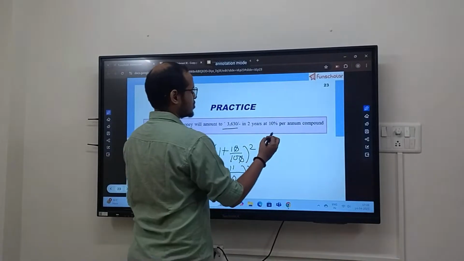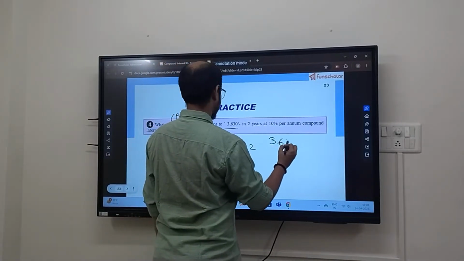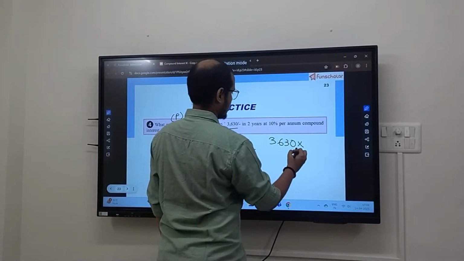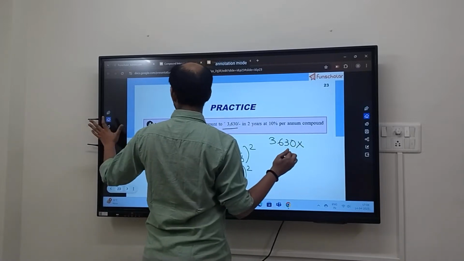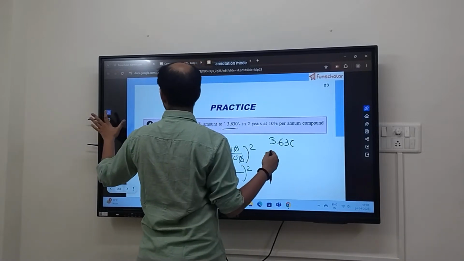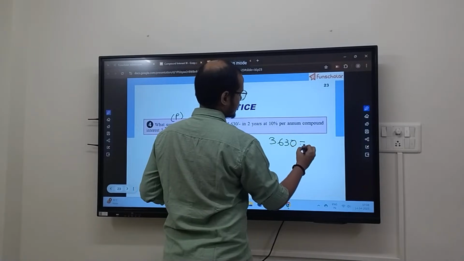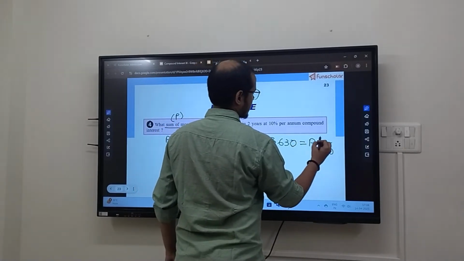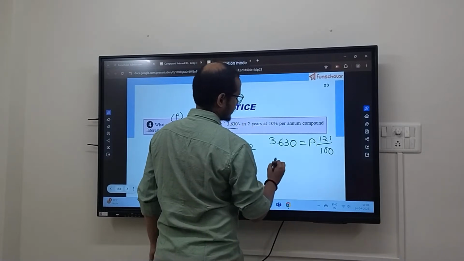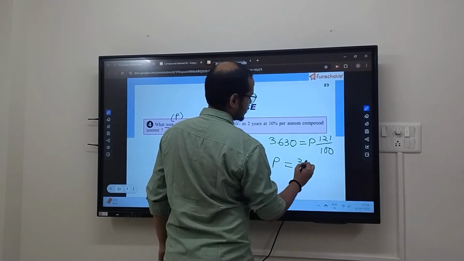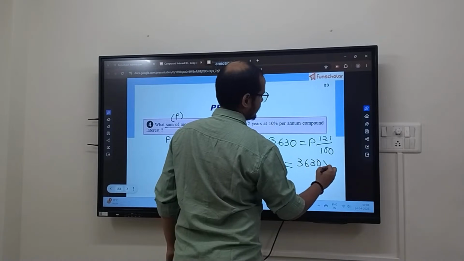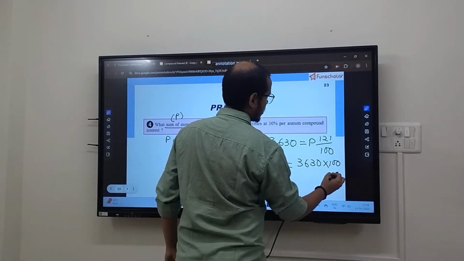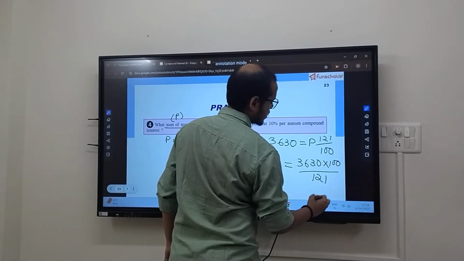So 3630 is equal to P into 121 by 100. So the value of P will be 3630 into 100 divided by 121.